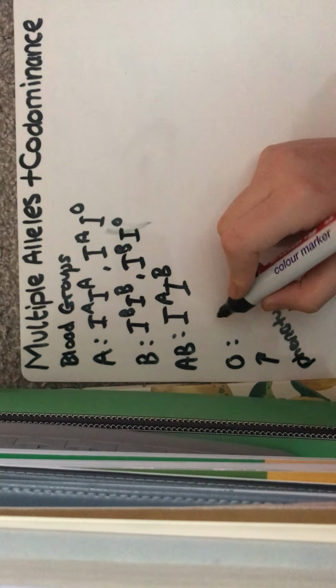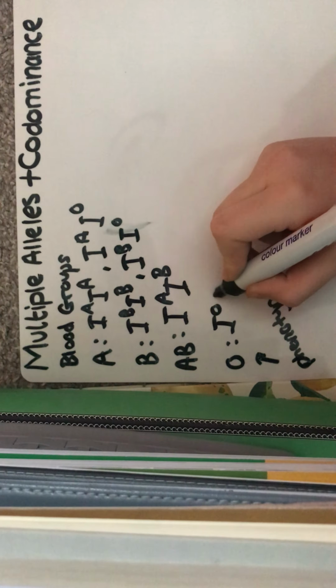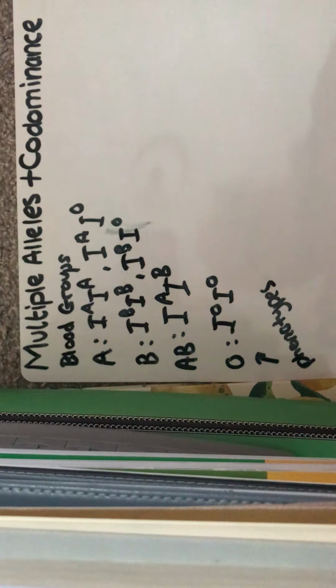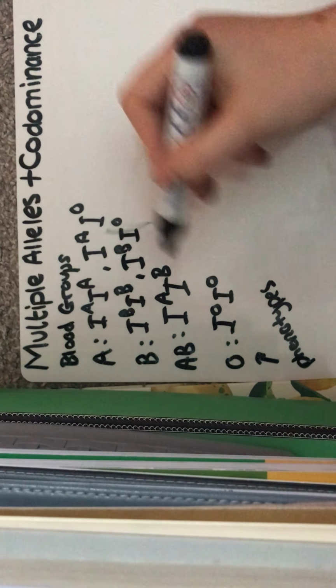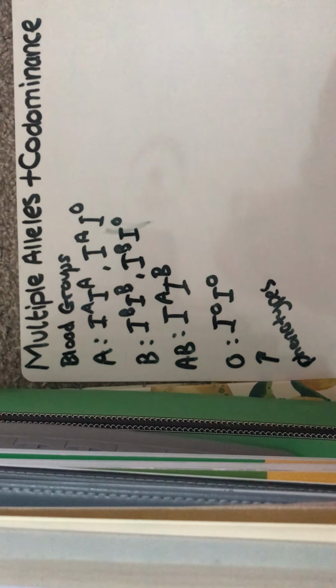And blood group O would be IO IO. There'd be no other possible genotype for that characteristic. But we say that it's multiple alleles because we've got 3 different alleles that contribute to this characteristic.